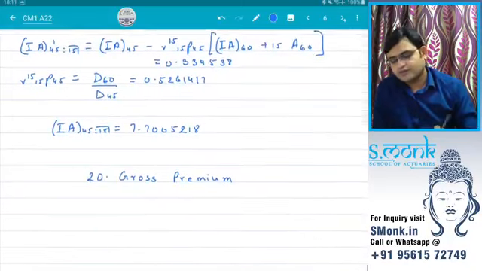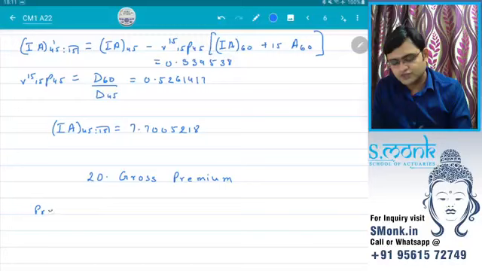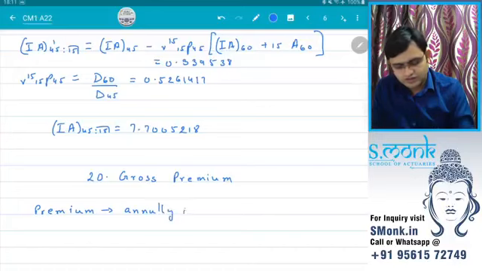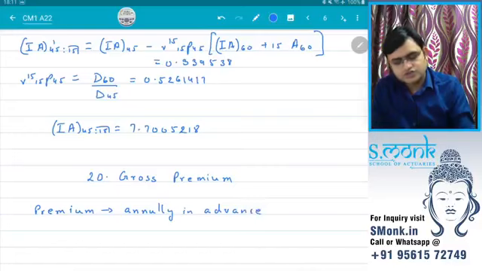Okay, premium is usually paid annually in advance. That is the usual route, or we'll say default.